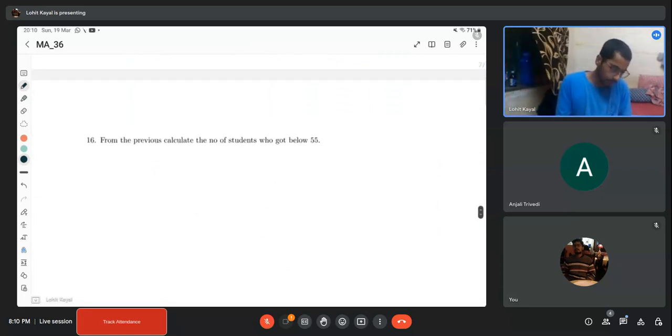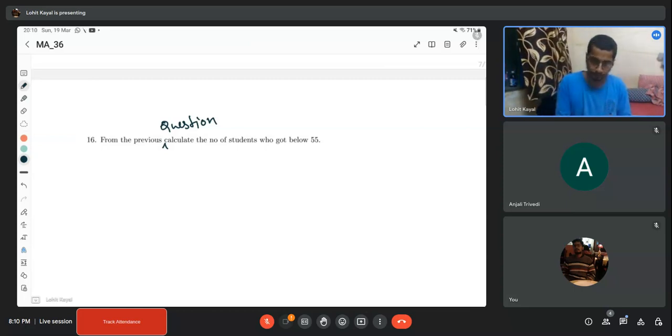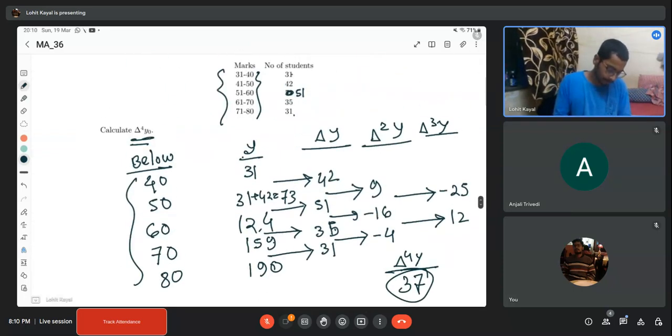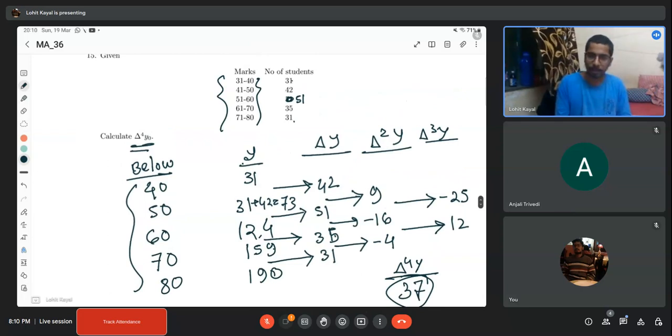Now from the previous question, calculate the number of students who got below 55. The idea is very simple. I will just give you the outline of the idea, and you can do the calculation very easily.